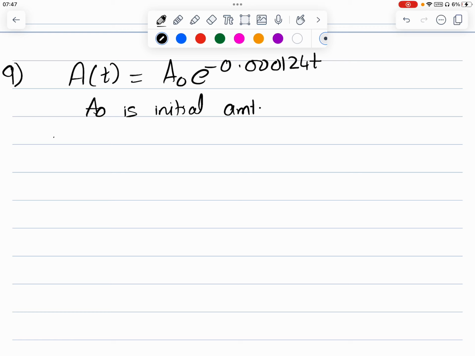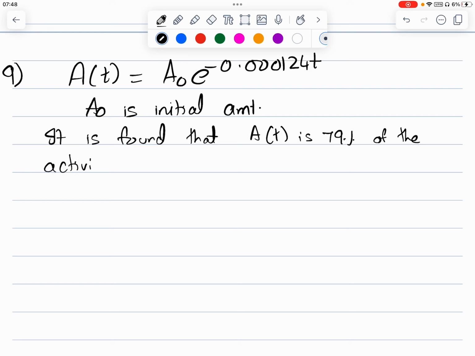It was found that A of t is 79% of the activity of the carbon in a living tree.